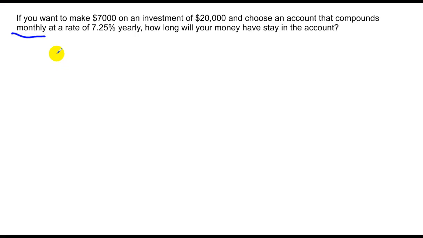So we remember that equation is A equals P times 1 plus r over n to the nt. So in this case, we want to make $7,000 from $20,000, so we end up with $27,000.